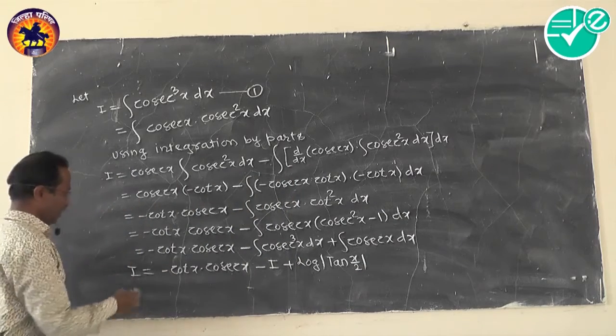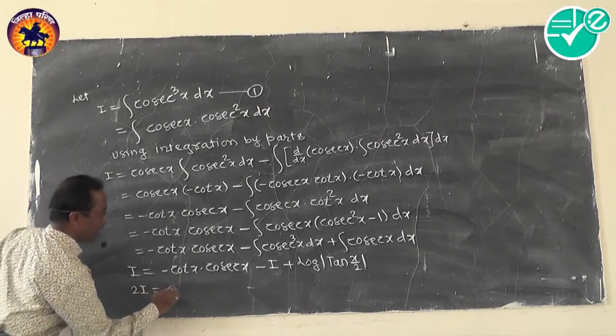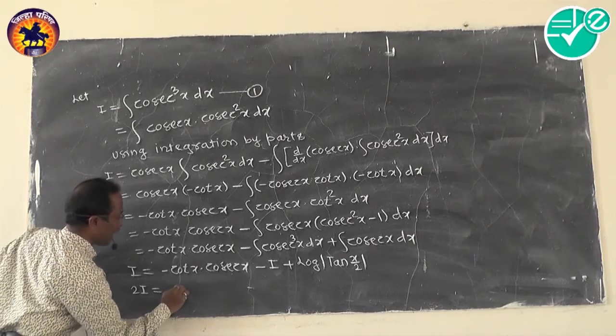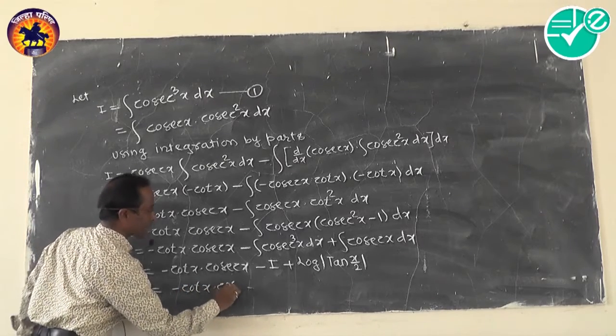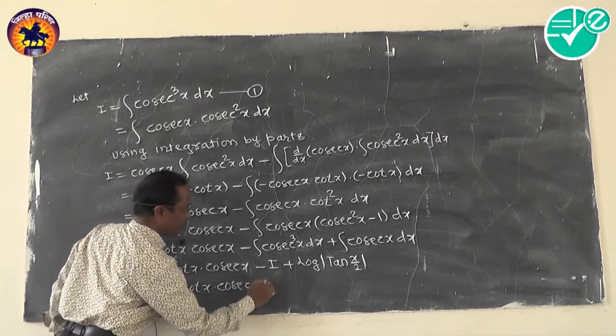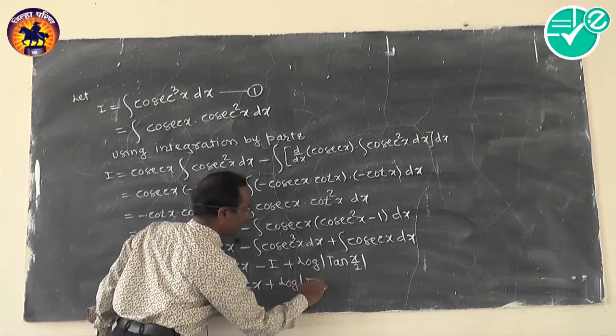So minus I shifting to this side will give plus I. 2I is equal to minus cot x into cosec x plus log of tan x by 2.